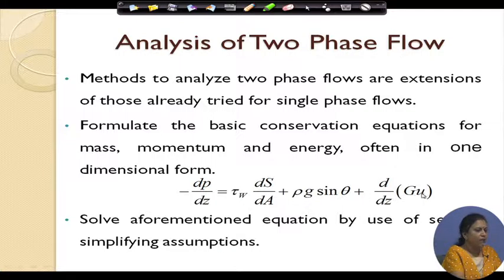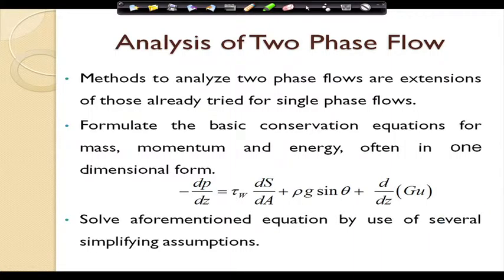Here we should be having two velocities when the two phases are flowing at different velocities, which is normally the case. And we should also be having a two-phase wall shear. So, what is done? The basic momentum equation for fluid flow is naturally applicable for single-phase or multi-phase flow. So, that equation is developed and it is solved by using several simplifying assumptions.